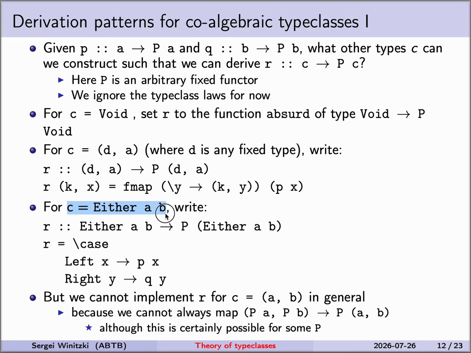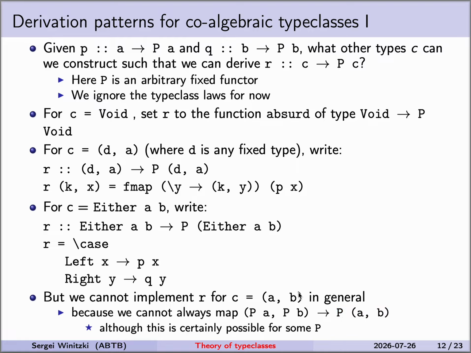The next pattern is the either. So here we can do this very easily, right? If there's A, you just take PA from the first structure map. If there's B, then you take PB from the second structure map. So that is how you implement them. But if you have AB in general, now what can you do? Well, you cannot map PA/PB into PAB.